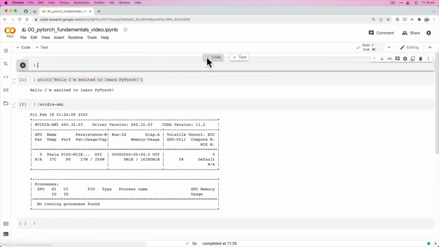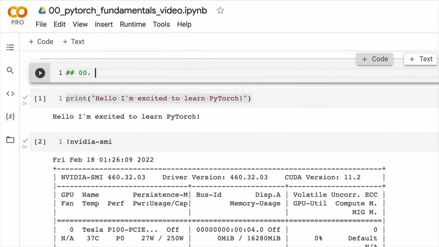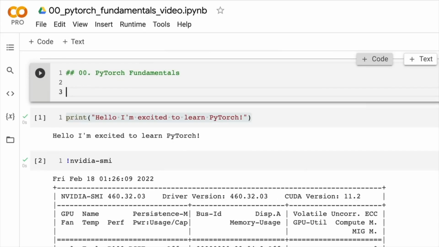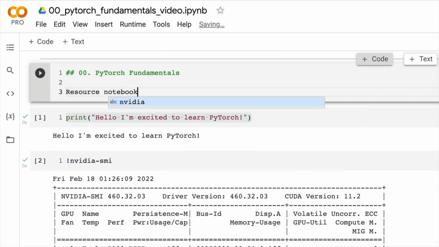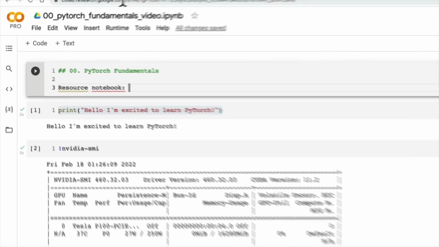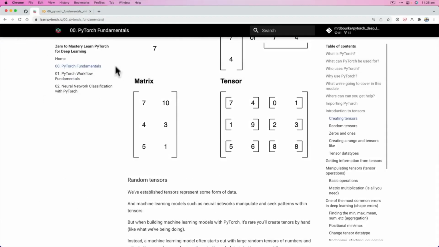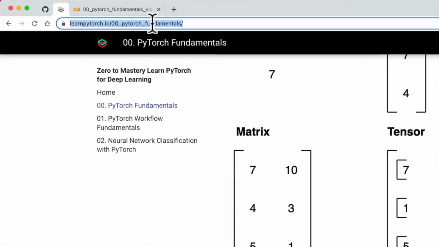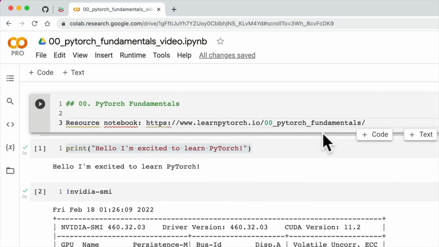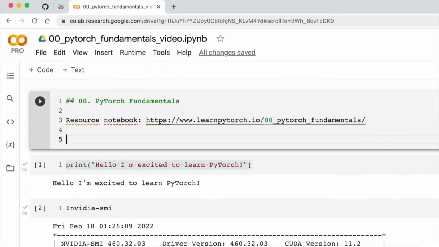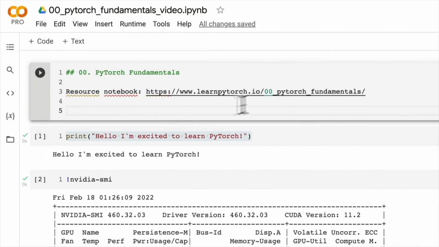So if we just come up here, I'm going to write a text cell. So 00. PyTorch Fundamentals. And I'm going to link in here, resource notebook. Now you can come to learnpytorch.io and all the notebooks are going to be in sync. So 00, we can put this in here. Resource notebook is there. That's what this notebook is going to be based off, this one here.